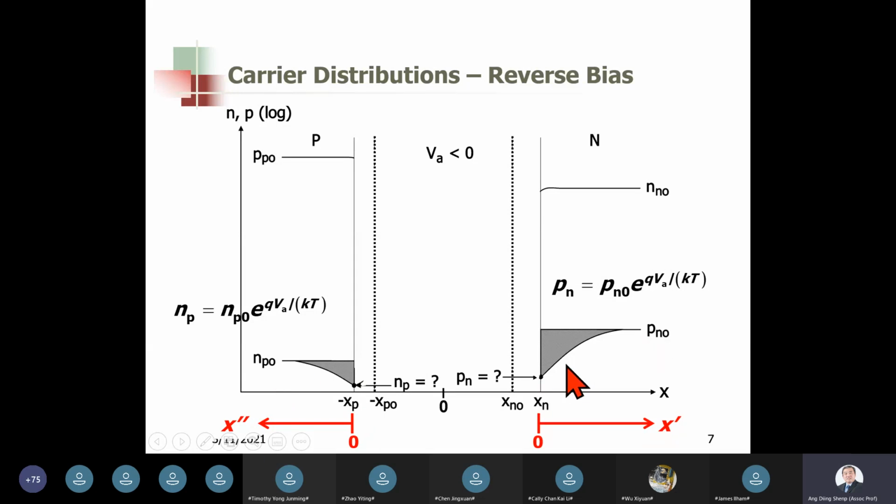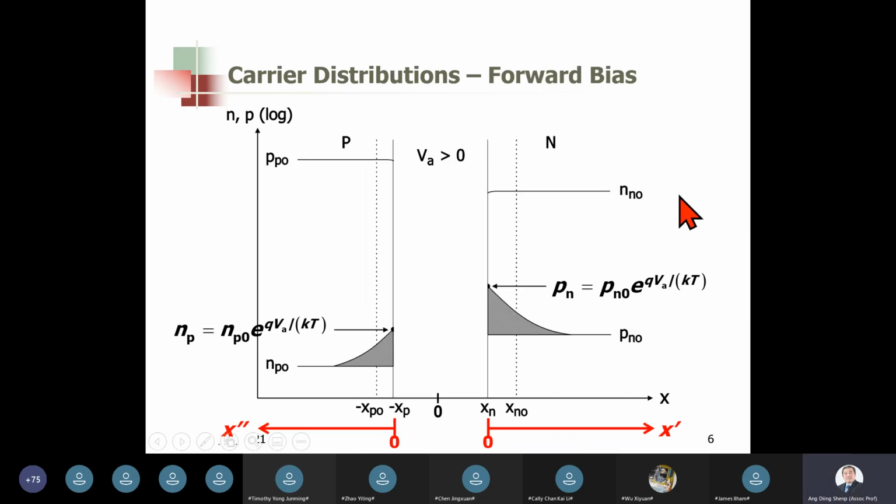So any further increase in the reverse bias will not change the diffusion rate of the minority carriers across the quasi-neutral region, which supply the extraction of minority carriers across the space charge region. Since the diffusion is fixed, the current flow under reverse bias is fixed, independent of VA when VA gets sufficiently large compared to kT over q, right?